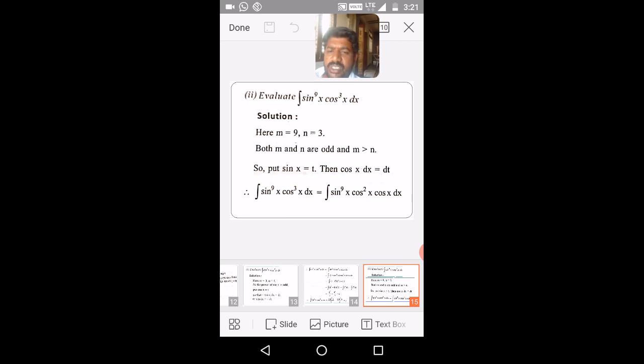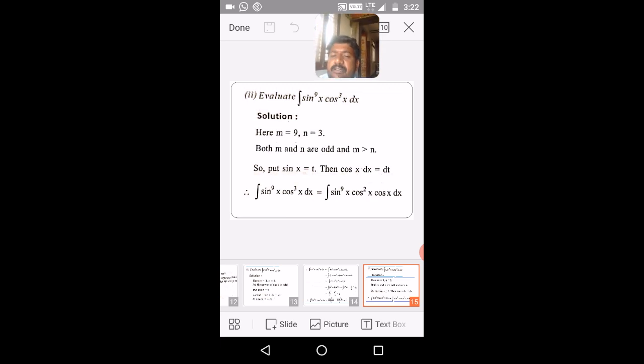So sin x equal to t, and then differentiating both sides with respect to x, you will get cos x dx equal to dt. Then some modification should be made in the given integrand to evaluate the integral properly. Otherwise you may get confused.